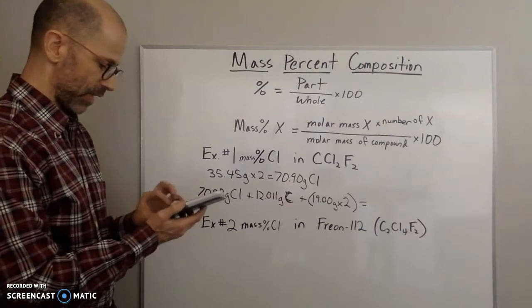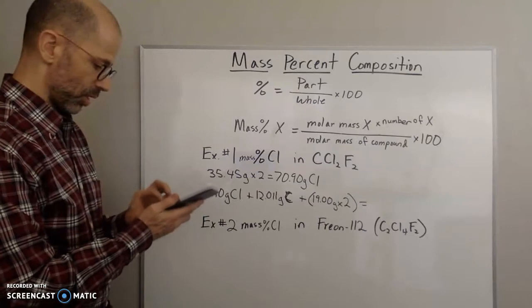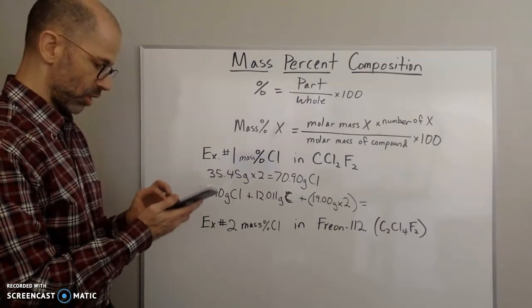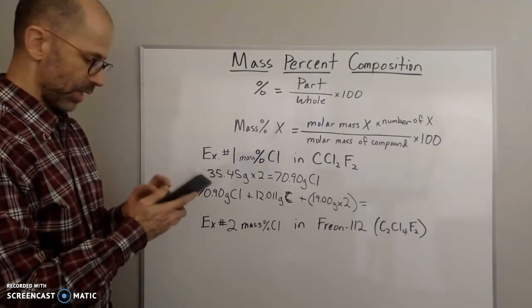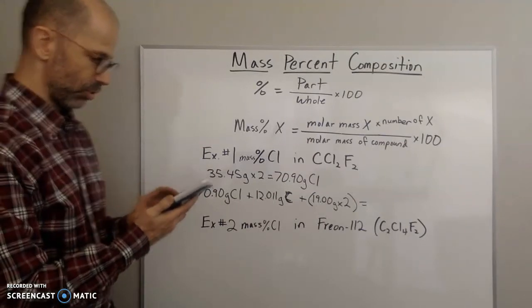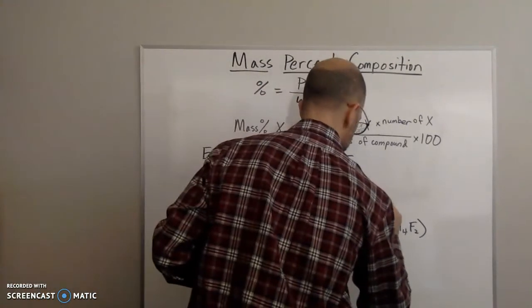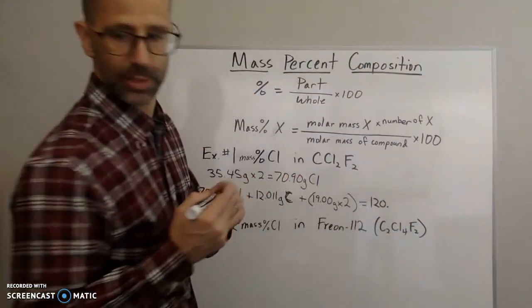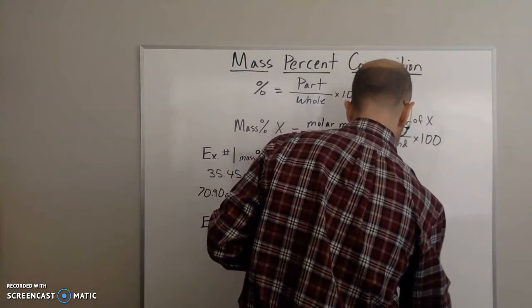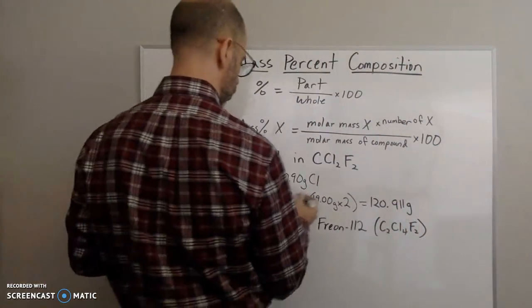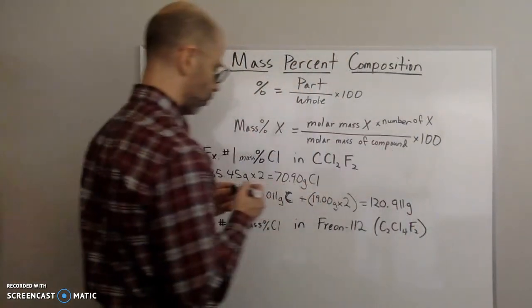Okay, so I have 70.90 plus 12.011 plus 2 times 19 equals, and I get 120.911, and that's going to be grams per mole. So this is grams per 1 mole.